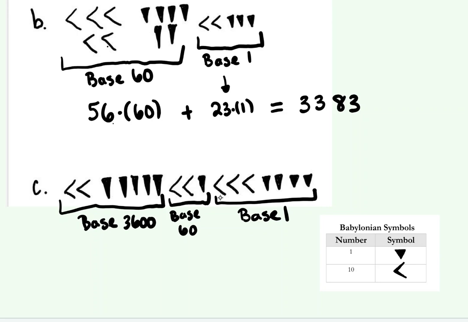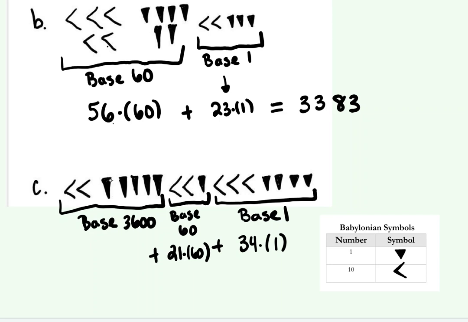The first position has the number 10, 20, 30, 31, 32, 33, 34. Since it's in the first position, we're going to multiply that by the value 1. Plus here we've got 10, 20, 21. Since it's in the second position of the Babylonian system, it's going to be multiplied by 60.